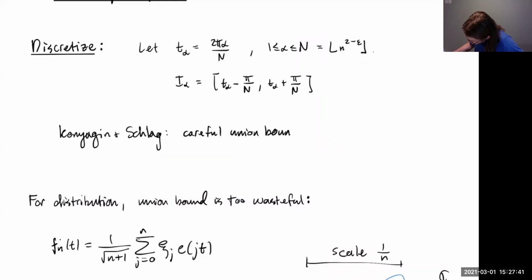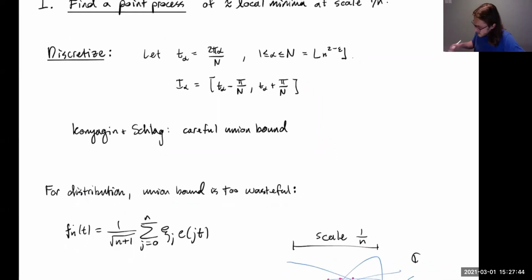It's not as simple as capital N times the probability of it happening at any fixed point, because, as I said, it behaves differently depending on how well approximated it is by a rational with small denominator. So they have to categorize points based on Diophantine approximation, and that's how they got their result.